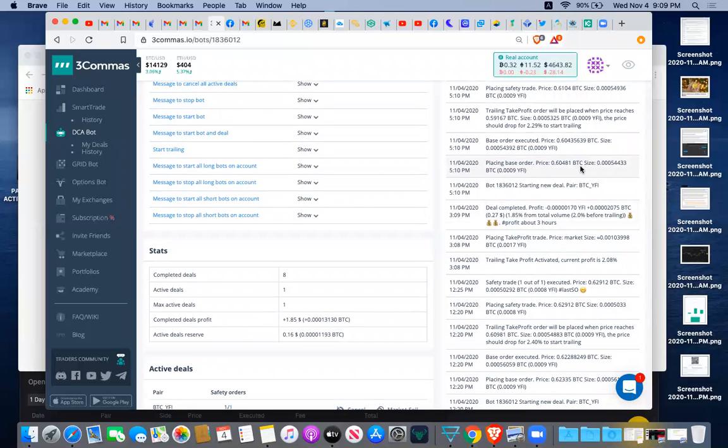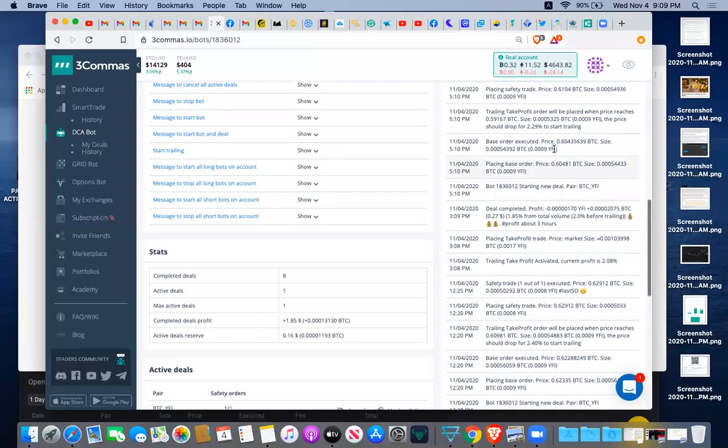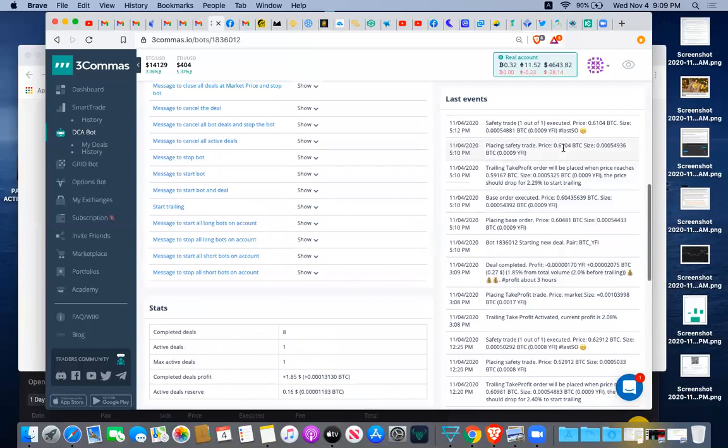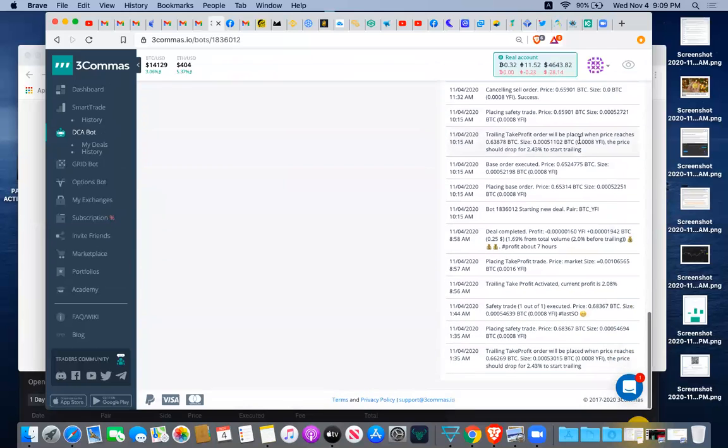Placing base order at this rate, order executed, trailing profit. So it continues in that order: safety, safety. Now it has not done another one, so this was yesterday. This was today. Yesterday was just a few markets, and that was done.